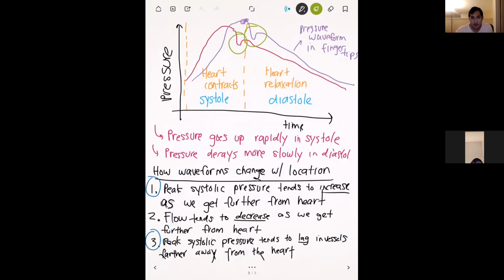So I drew those on purpose, and that blip basically occurs because your aortic valve is closing, right? And so as you can imagine, when your heart is contracting, your aortic valve is going to open and let blood flow into your system, and then when your heart is done contracting, the valve is going to suddenly shut close. Okay?